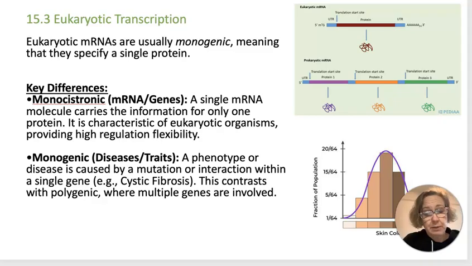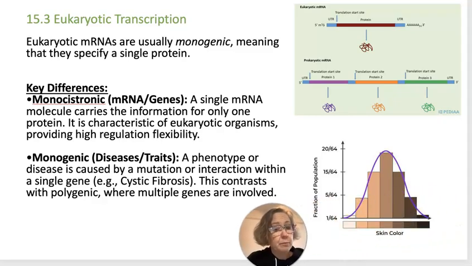Now, I want to explain this because earlier we used the vocabulary word monocistronic. Monocistronic means a single mRNA codes for multiple proteins. Monogenic means one disease, one trait.